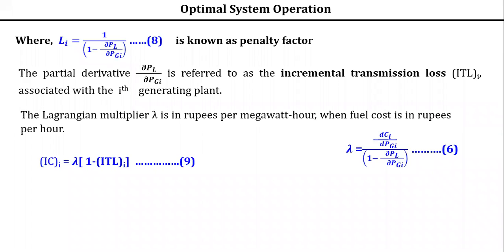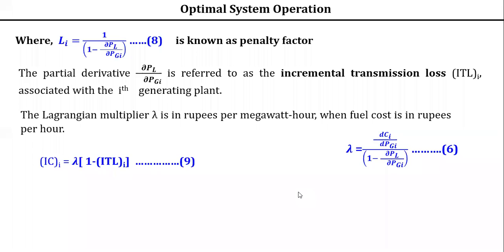Thermal stations located at different locations have to transmit the power they produce over a transmission line, so obviously losses will occur on the transmission lines. In such a case, we have to consider the transmission losses.